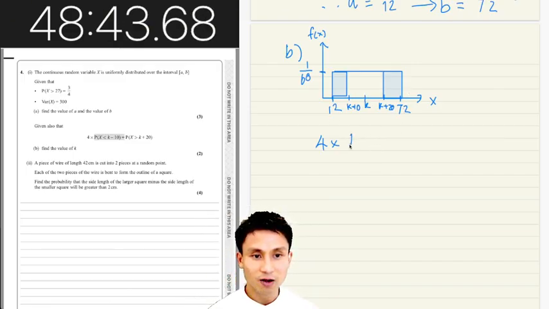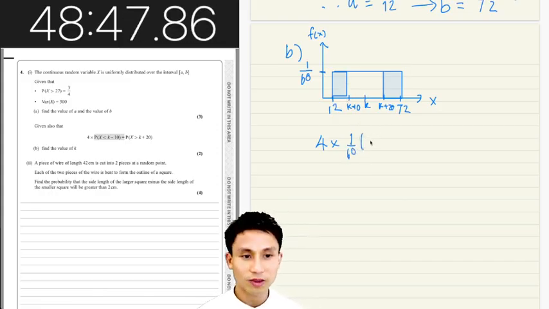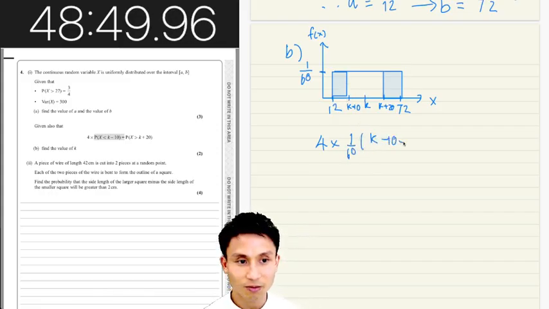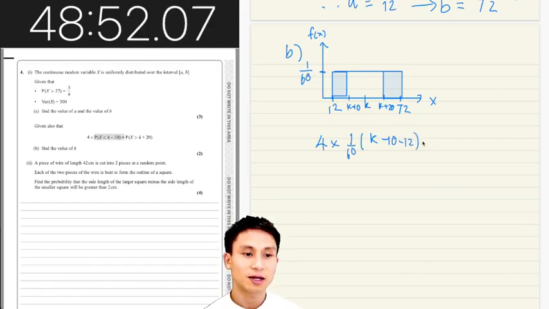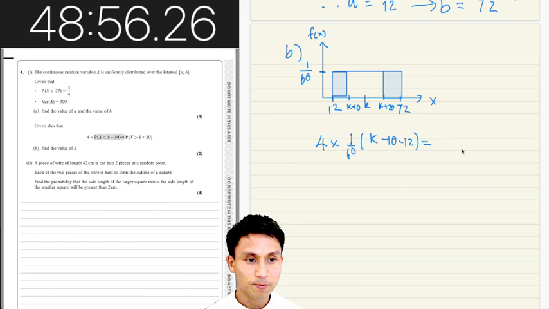So it's going to be the area, which is the height of the rectangle multiplied by the width. And the width is just k minus 10 minus 12, which would be equal to the greater one right here. So that would be 1 over 60 as well.